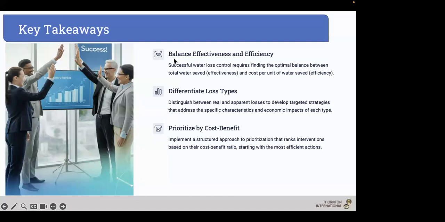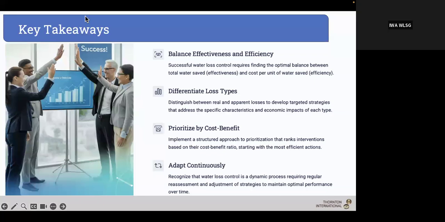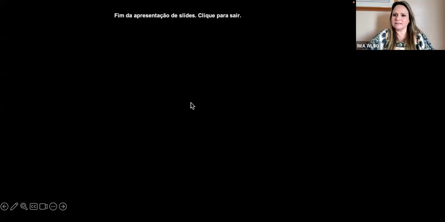Prioritize by cost-benefit, have a prioritization that ranks the interventions. And adapt continuously, recognizing that water loss control is a dynamic process, and it's not something where we already have it and it's done, and we are going to follow this year by year. So, I think that is it.